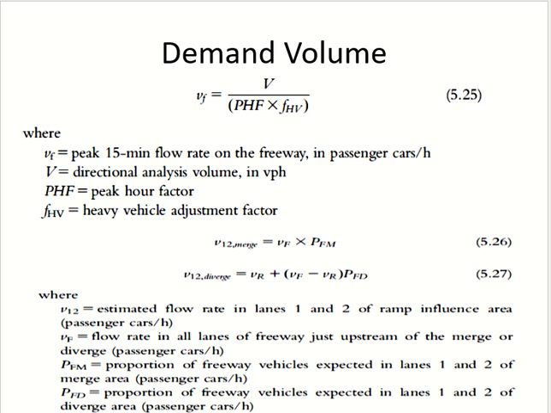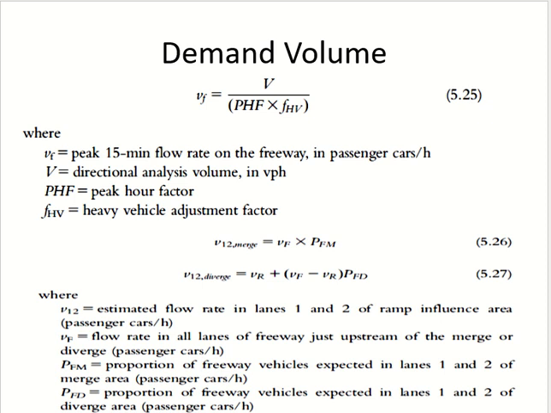So this will give you the flow in the first 2 lanes. And if there are only 2 lanes, then this factor is 1 because everybody is in those 2 lanes, right? And if there are 3 lanes or 4 lanes, then this factor will be less than 1. Clear? Some part of it will be on the ramp, in the influence.